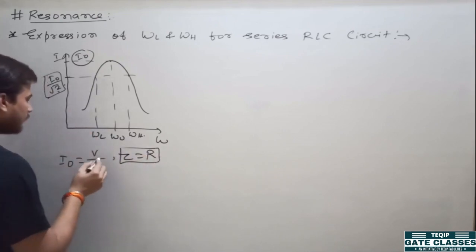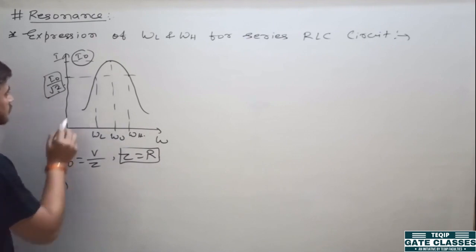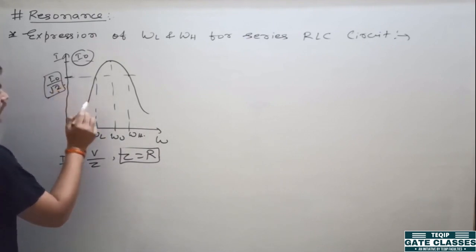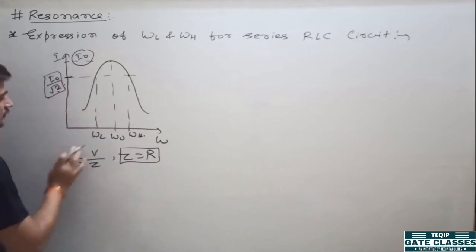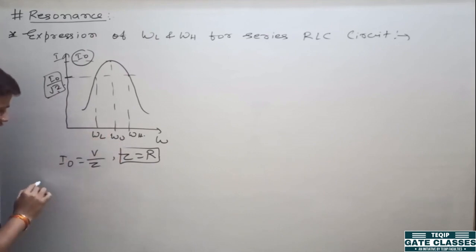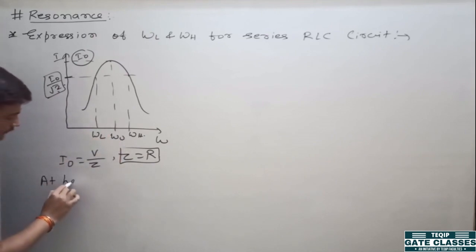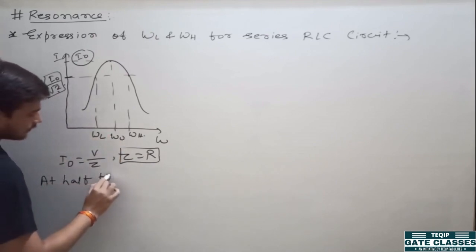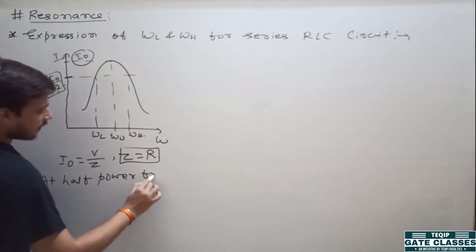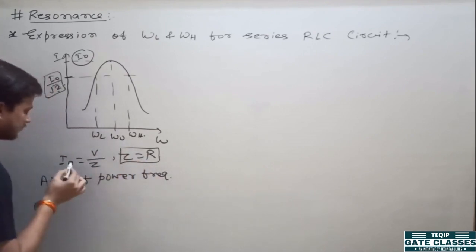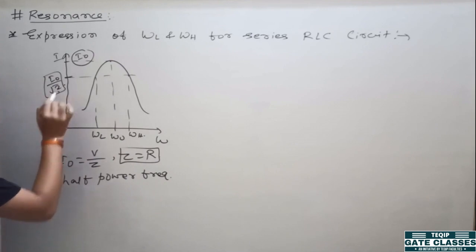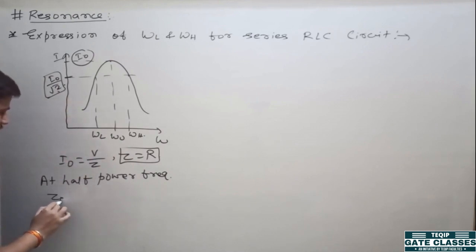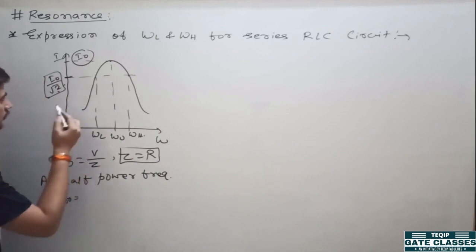So here if you write Z at this point, that means at cutoff frequencies, at half power frequency, if you write the value of Z effective, so it will be equal to how much?